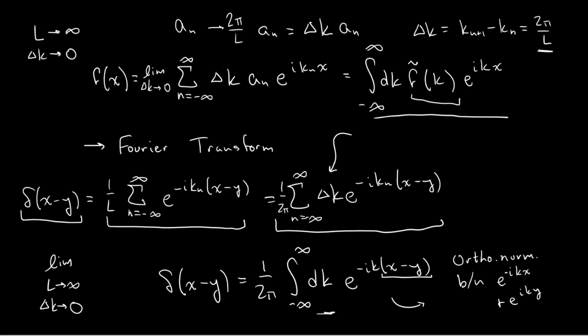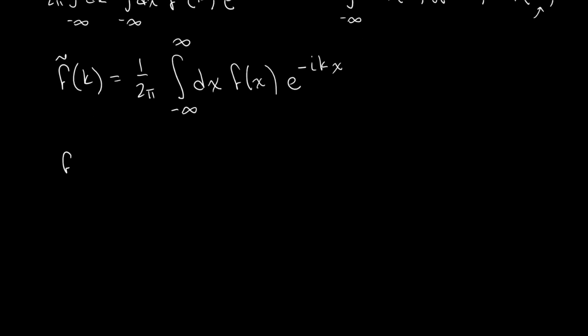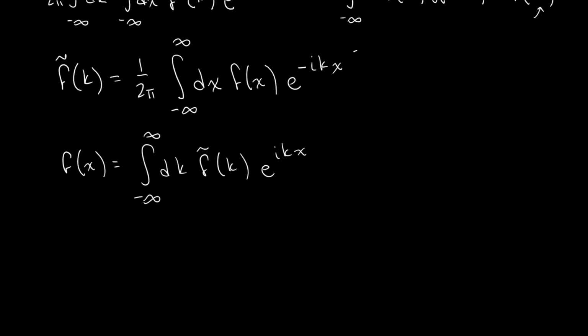I'll write out the other one again, f of x equals the integral from minus infinity to infinity dk f tilde of k e to the i k x. Together, we have a Fourier transform and an inverse Fourier transform.